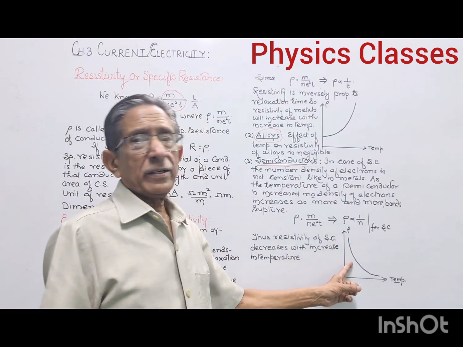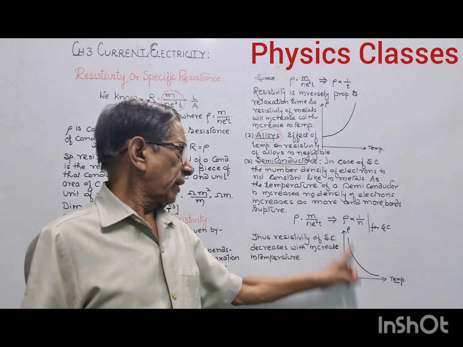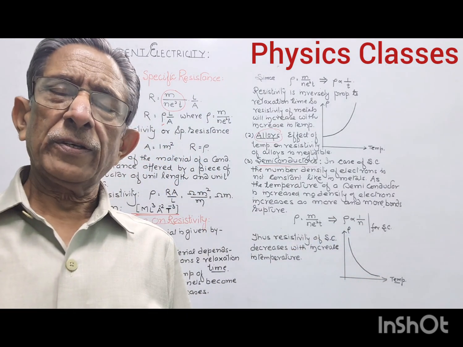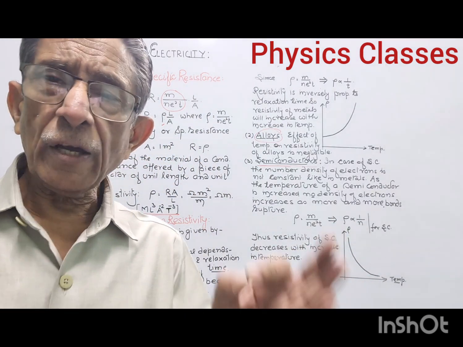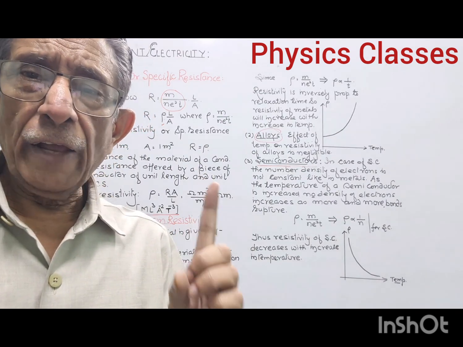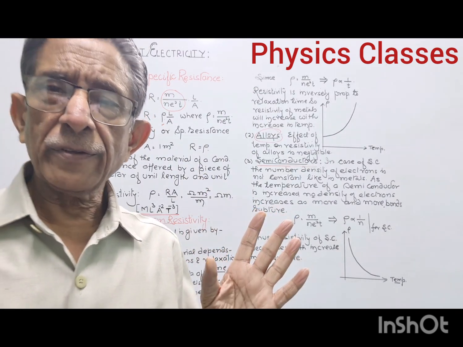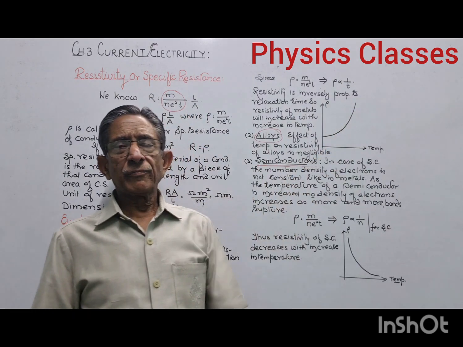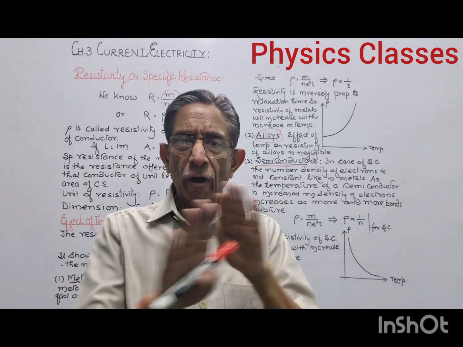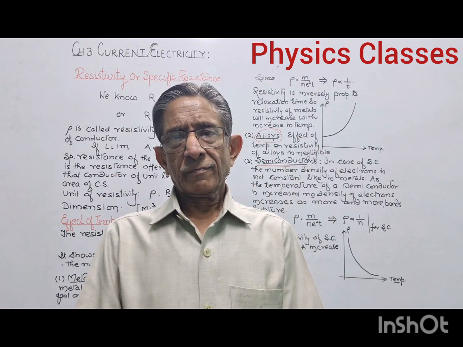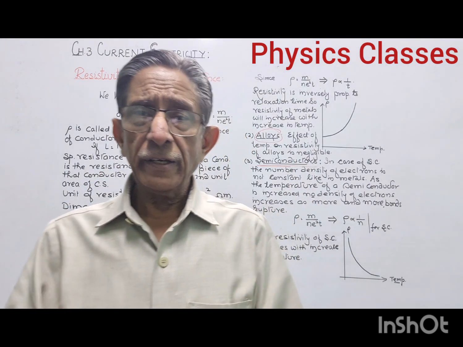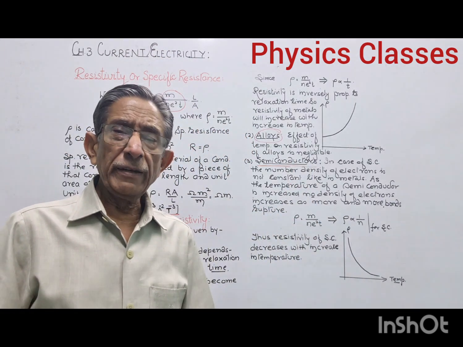So remember that in case of semiconductors, resistivity decreases with increasing temperature. So what is the conclusion? In case of metals or conductors, resistivity increases with increasing temperature. In case of alloys, there is no effect. And in case of semiconductors, resistivity decreases with increase in temperature.